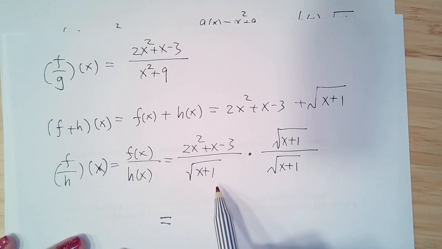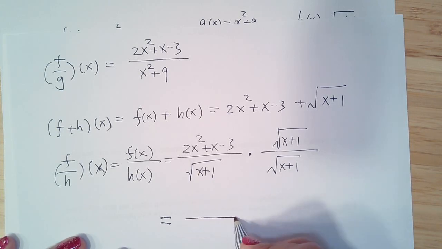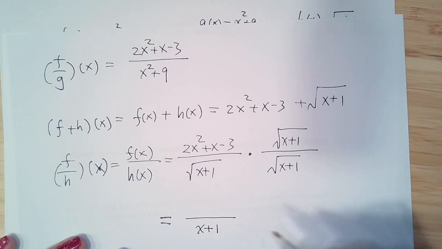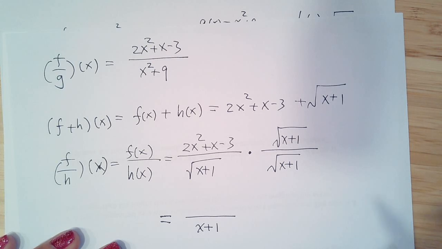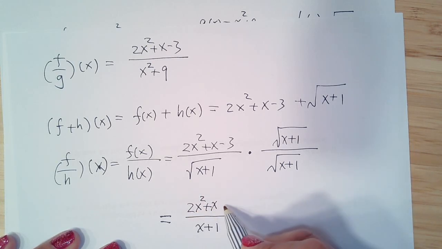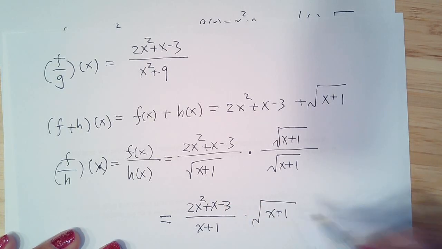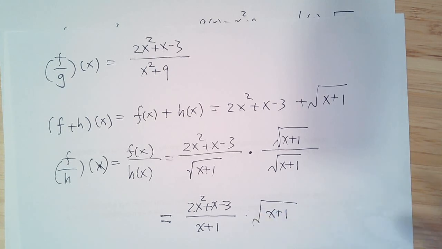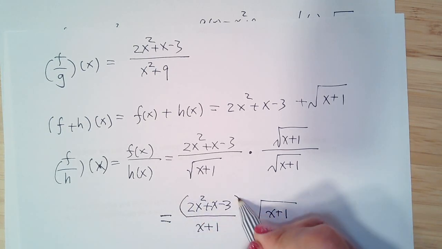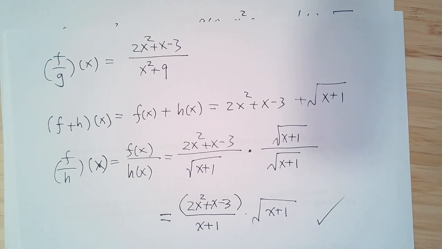The good thing is this square root times the square root becomes just x plus 1. What Professor Wu doesn't like is gone. The numerator is 2x squared plus x minus 3, and then the square root of x plus 1 at the end. Or you can put that in parentheses on top. That's okay, but this is good enough.